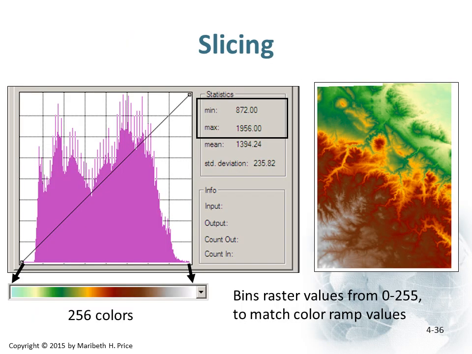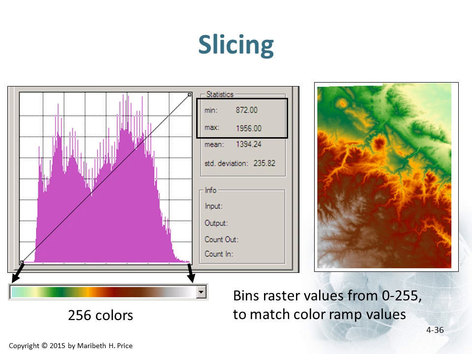Slicing is the first thing that you have to do when you do a lot of this. Slicing basically bins your raster values from 0 to 255. Let me go back over what this does. It looks at your minimum and your maximum value, sees how many values you have, divides that number by 255, and then starts at one end going towards the other, and adds in those values.